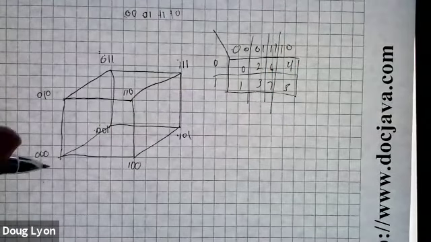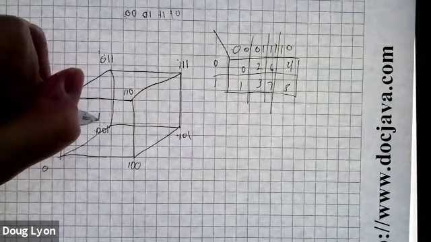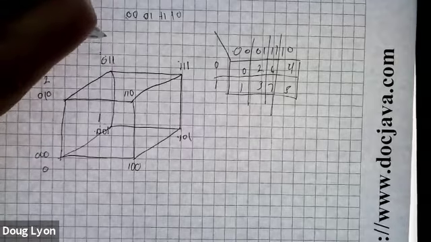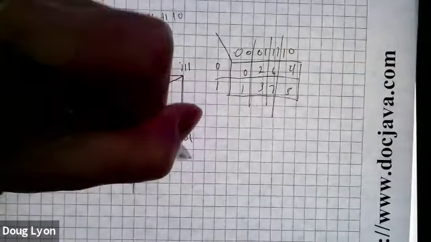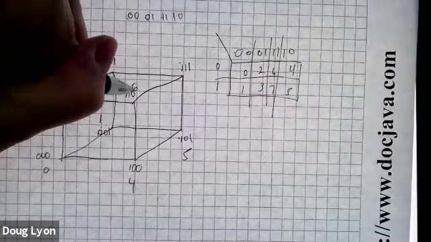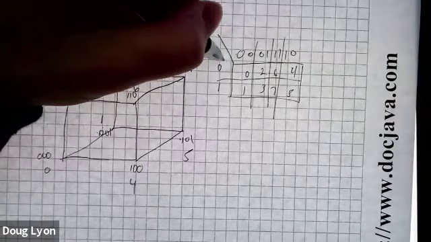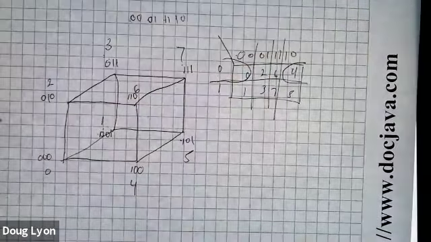And then what we'll do is we'll say 0, 1, 2, 3, 4, 5, 6, 7. And now the question is, why should I be able to loop 0 with 4?